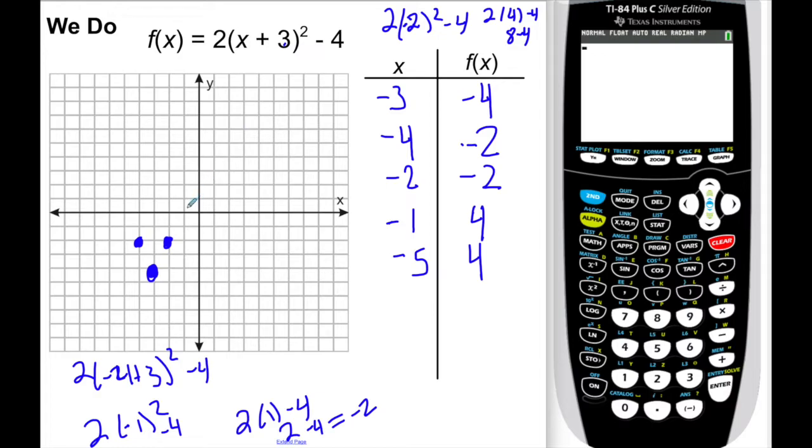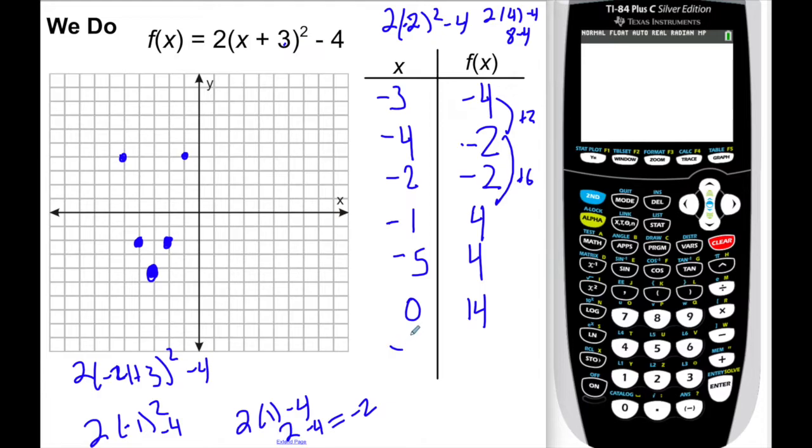So negative 1 goes to 4, negative 5 goes to 4. Here I'm going up by 2, 4, 6. So where's my vertex here? I'm going up plus 2, plus 6, and as it turns out, when you plug in 0, this is 9, 18, you get 14.